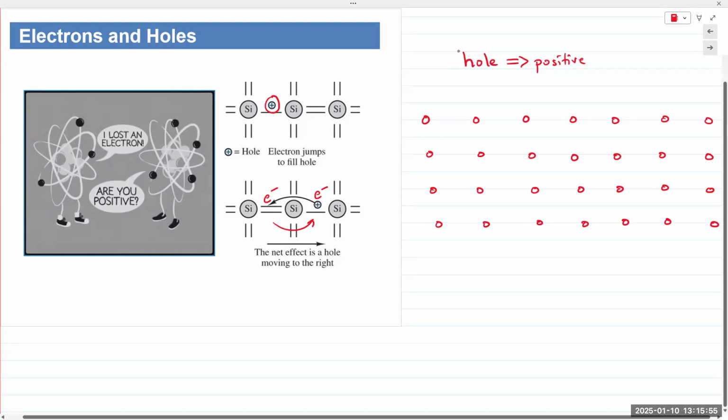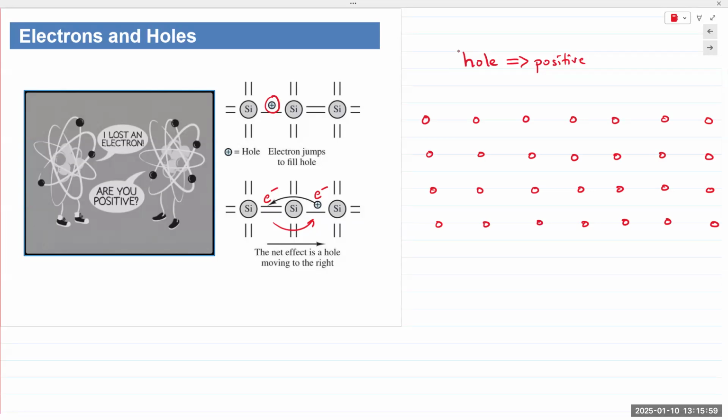All right, so let's say all of these were occupied by electrons, all of them. And then let's say an electron breaks free. Actually, let me start from the other side. Let's say I have an electron here.